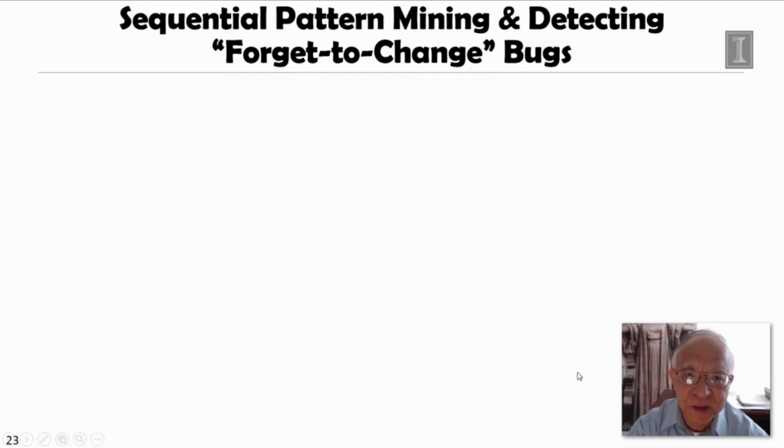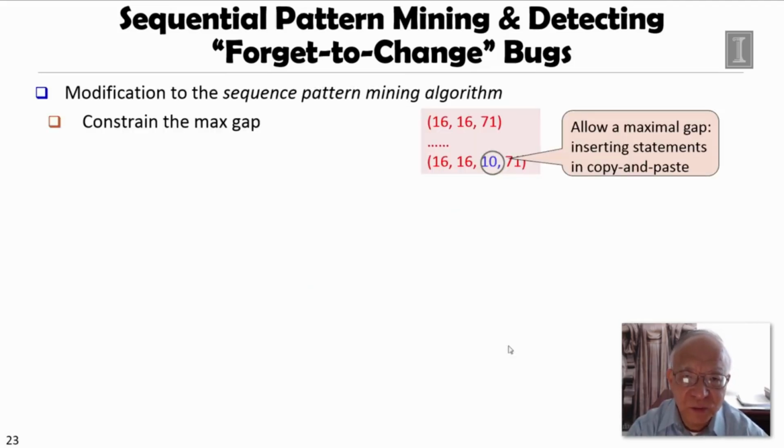Then we can do sequential pattern mining to detect forget-to-change bugs. How do we do sequential pattern mining? Remember that the previous sequential pattern mining allowed an arbitrary number of gaps in the middle. This was derived from customer shopping sequences. But for finding copy and paste bugs in programs, you don't want exact matches, because people may insert some programming statements in the middle.